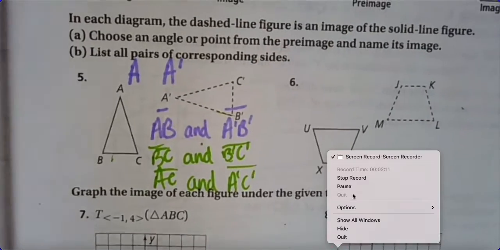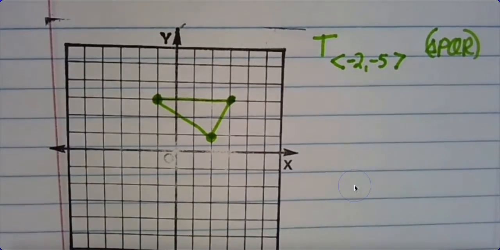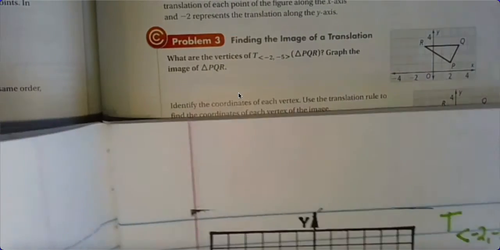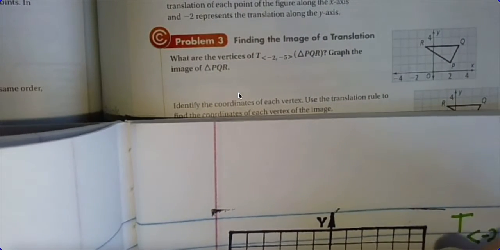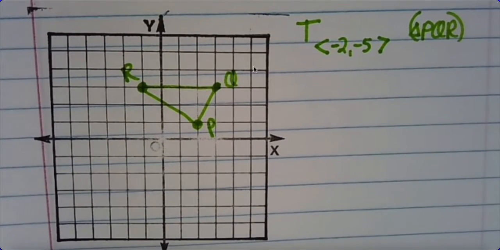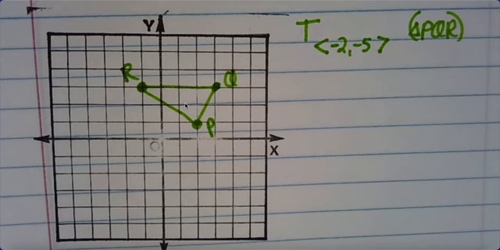Hold on, let me pause this and get my paper. All right, they give me this triangle, right? And they called it triangle PQR. Oh, they did label it. Hold on. No. They call it triangle PQR, all right? They want me to transform this, move it. Do y'all see this letter T right here? That's what that means.